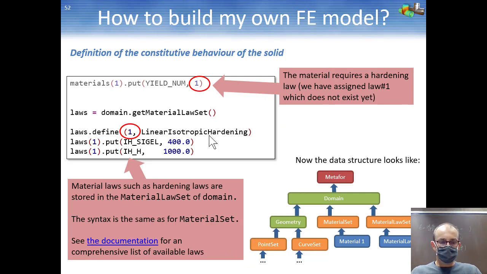It could be, for example, here the hardening of the material. So in order to define a linear isotropic hardening law, you must create a material law, which is stored in the material law set, which is next to the material.